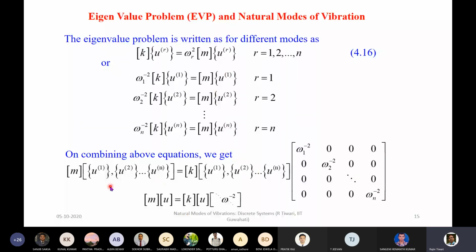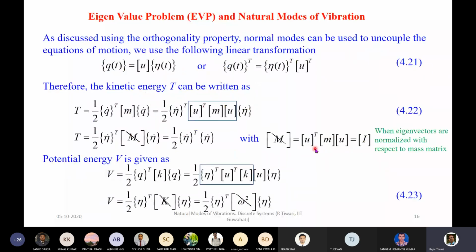And this whole thing can be written as M into U, K into U, and this I'm writing as omega squared with a dot, which represents that this is a diagonal matrix.